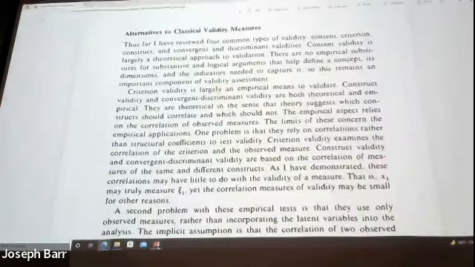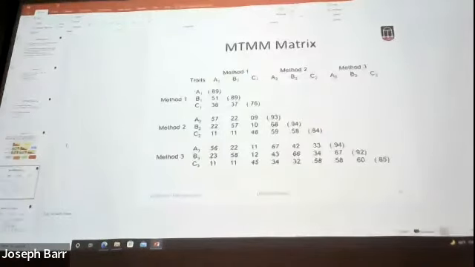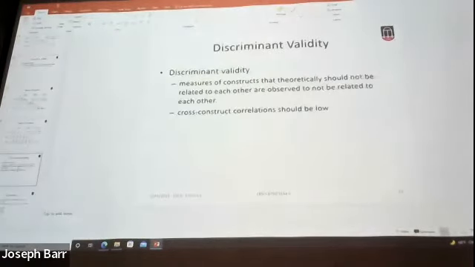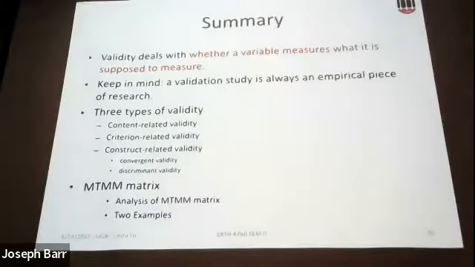That's the validity part. It's quite simple. And again, as I mentioned, it's an empirical piece of research, so we just use content, criteria, or constructs to define those validities.